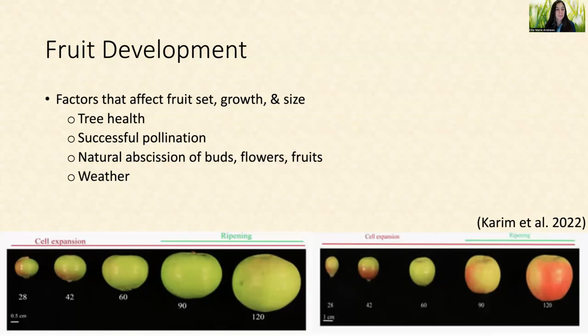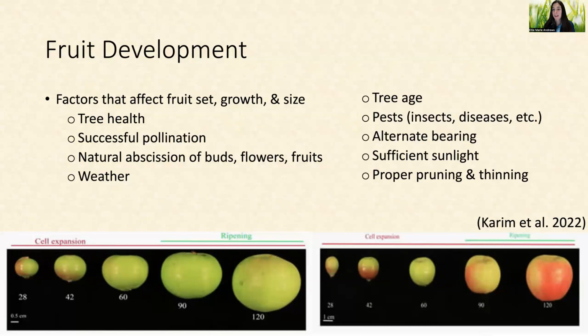That's fairly normal to some degree. Weather has a pretty profound influence on these different developmental stages as well. And also tree age, any pests that are present, alternate bearing, like we just talked about, sufficient sunlight, and also proper pruning and thinning. These factors all really affect fruit set, growth, and size, and ultimately how much fruit you get and the quality of it as well.